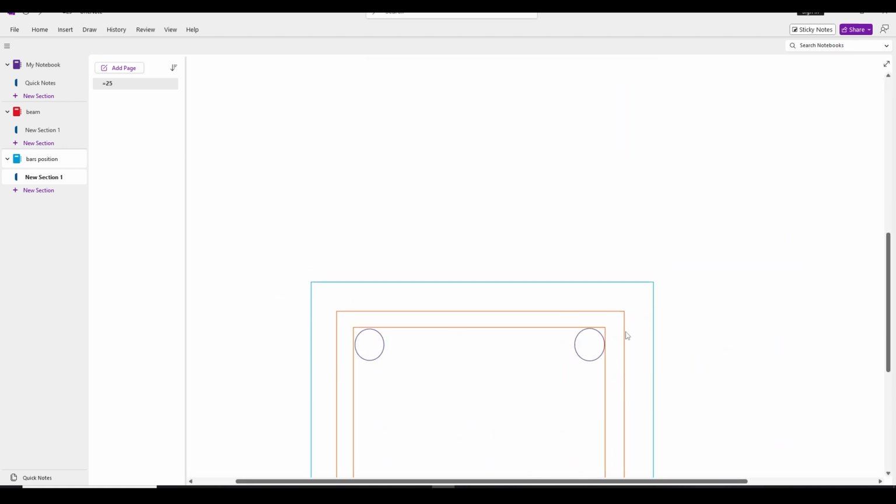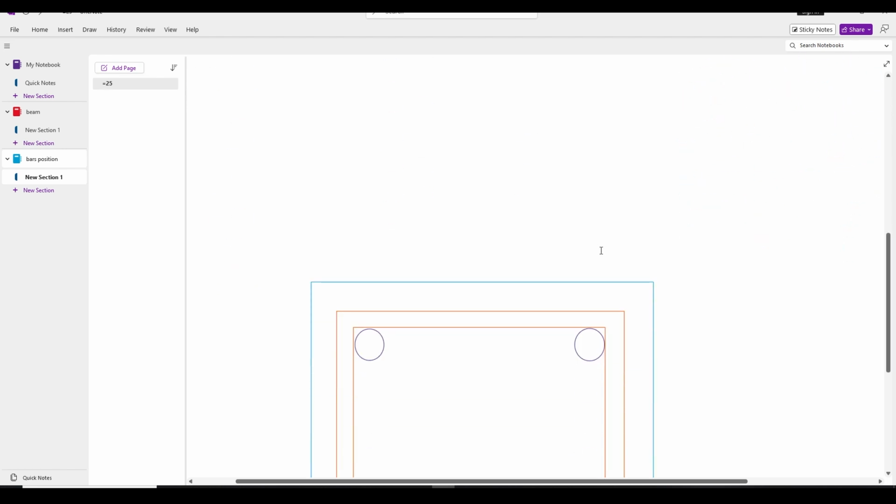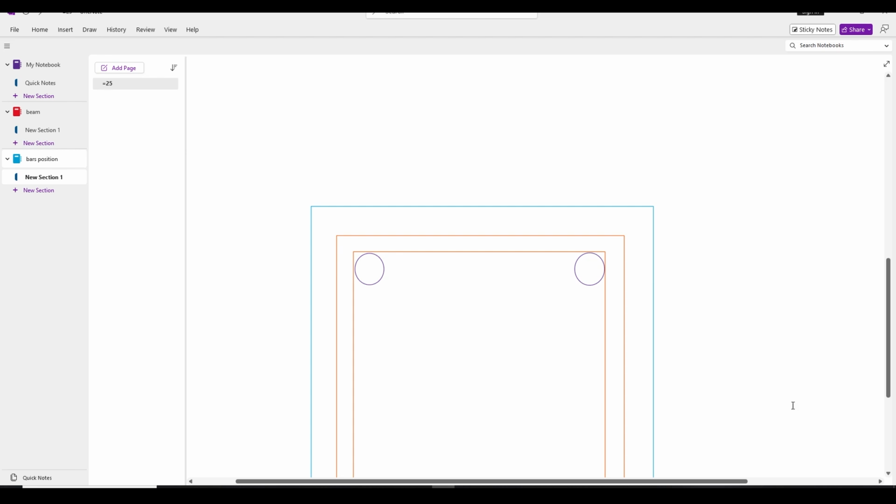So our position of the stirrup, here we can write, will be x equals y equals 13. Now let's assume this is bar number 4 and this is bar number 5.